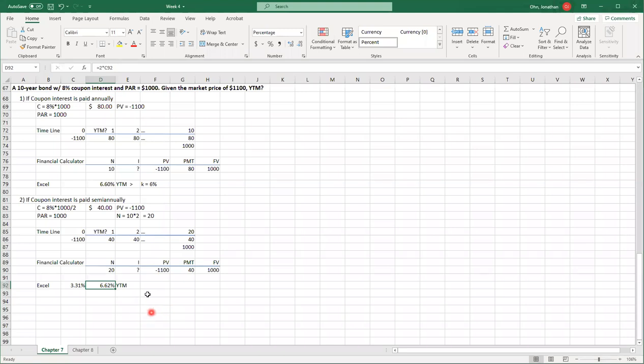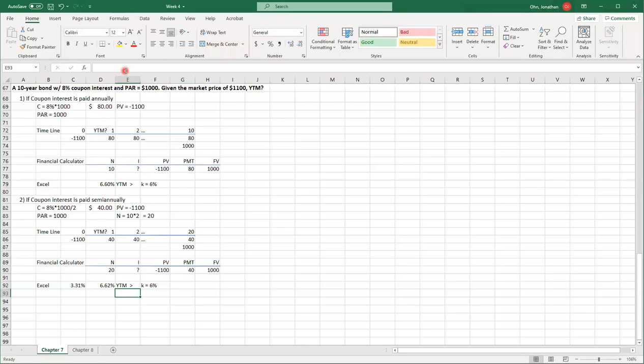And then suppose K is 6% again, and this 6.62% is greater than this required rate of return, so the yield to maturity is greater than 6%.